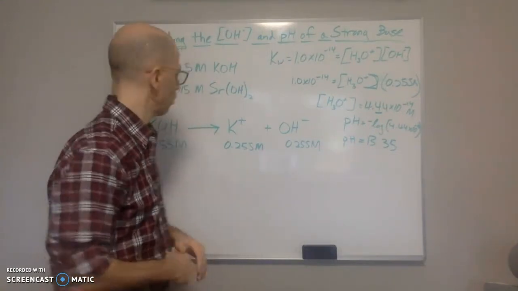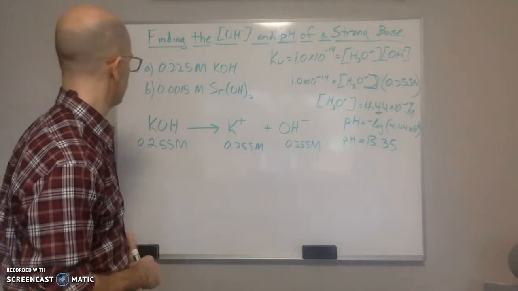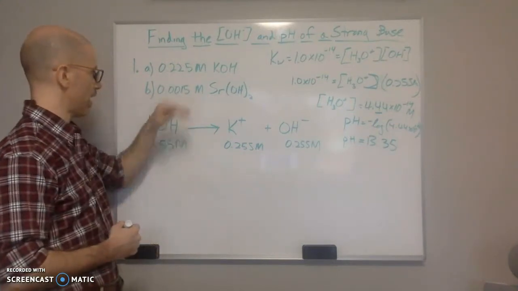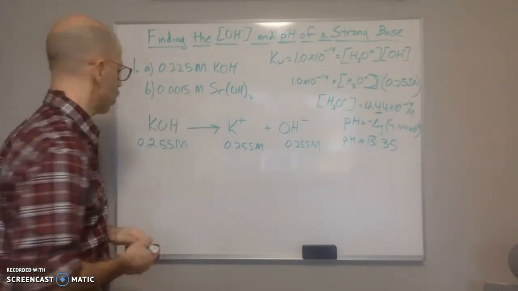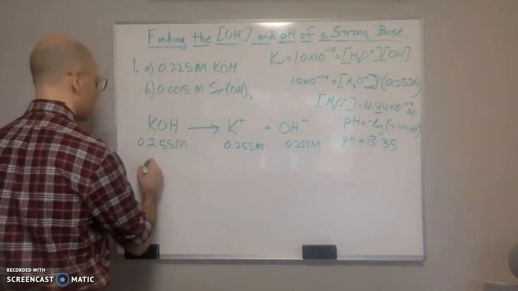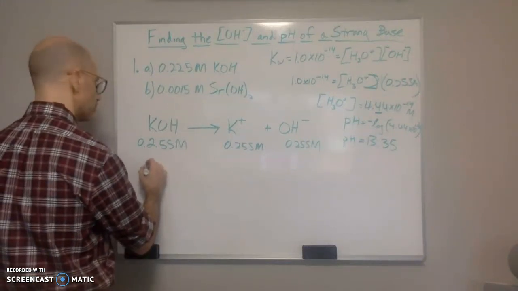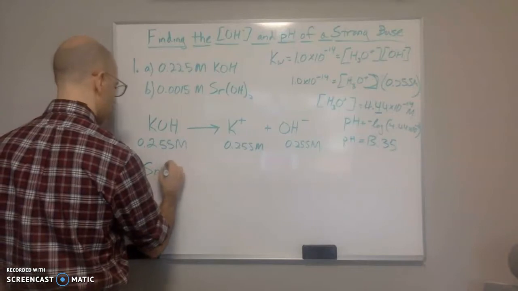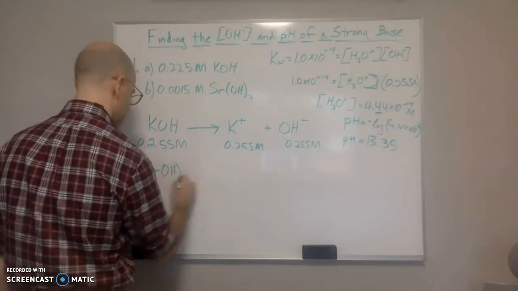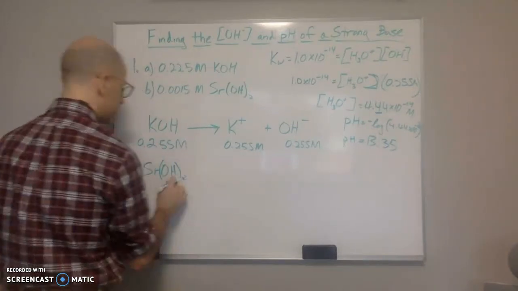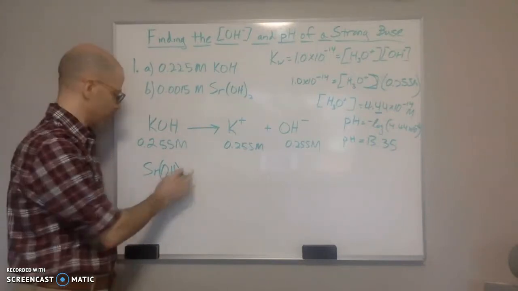Okay. So what about the next one? B. We have 0.015 molar Sr(OH)2. So again, we need to write out the balanced equation. So here again, it's a strong base, but now we have 2 hydroxides for every 1 unit.